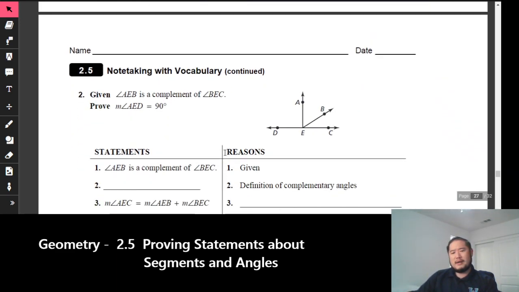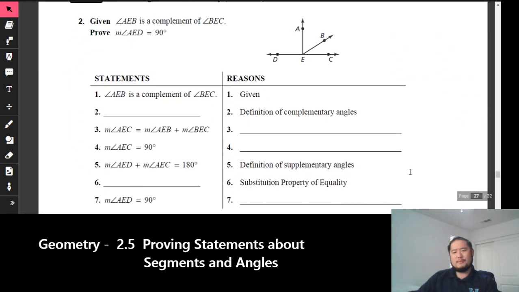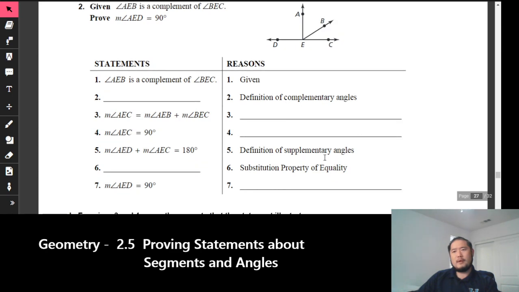Let's try another one right here. We'll take a look at number 2. All right, we have angle AEB is a complement of angle BEC. All right, so remember, if two angles are complementary, then they are going to be equal to 90 degrees.